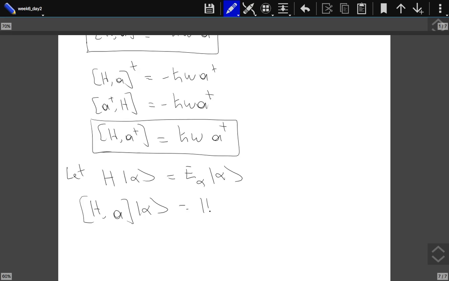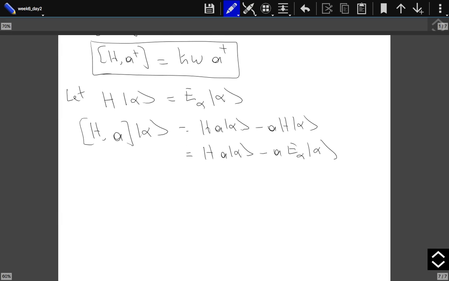Now on one hand, I know that this is nothing but H a alpha minus a H alpha. This is the definition of the commutator. But this is equal to H a alpha minus a E alpha alpha, since alpha is an energy eigenket. This will be equal to H minus E alpha acting on a alpha.